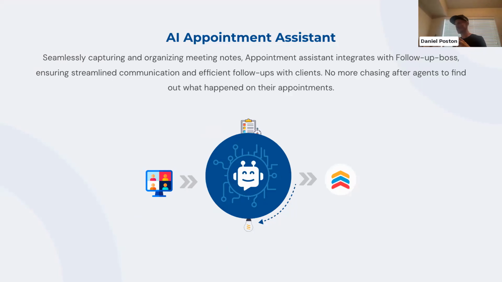In the process we're building, the AI will capture all of that data and enter it directly into Follow Boss or into one of our forms. So it'll be a pre-populated form that the agent can check the data on, add the additional fields and submit, and then it goes into the system. So we're really trying to make it as simple as possible to collect data from agents, because it's such a challenging, time-consuming thing to do.